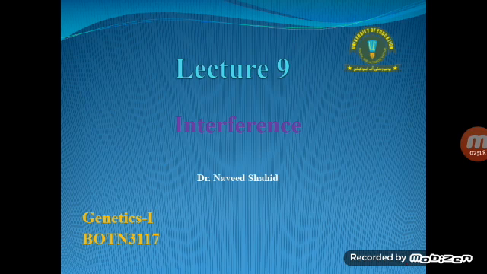Here our question, which will be addressed today, is whether one crossover has an effect on the adjacent crossovers, or whether there is any kind of interaction between these two or more crossovers. So let's start.